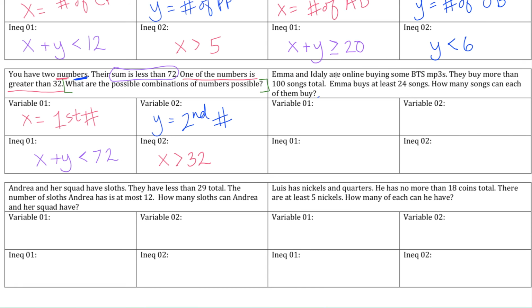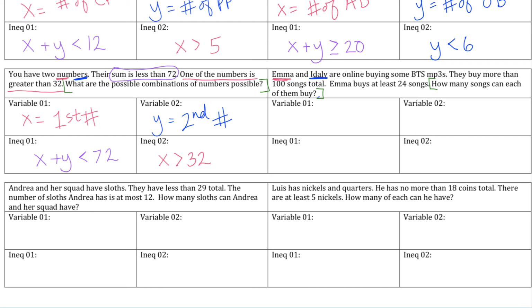So Emma and Idali are online buying some BTS MP3s. They buy more than 100 songs total. Emma buys at least 24 songs. How many songs can each of them buy? So let's make this one the number of songs Emma buys, and we'll make blue the number of songs Idali buys.